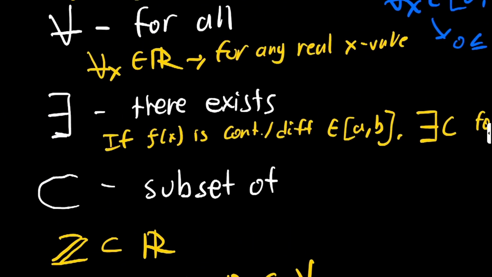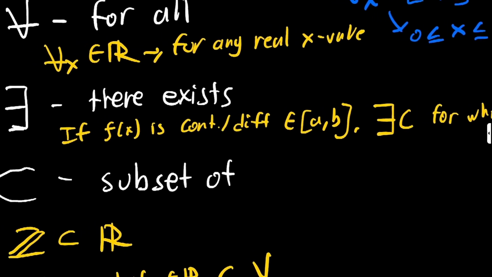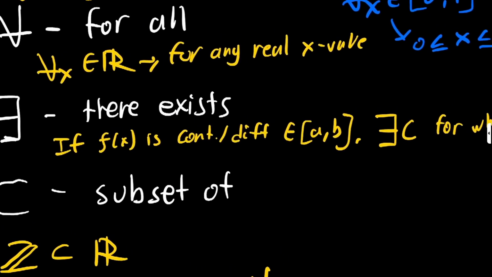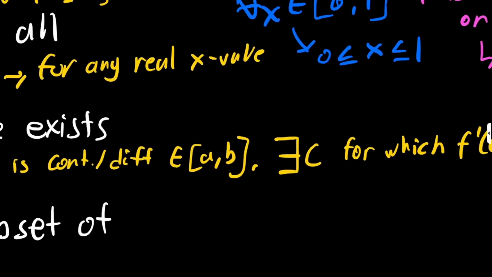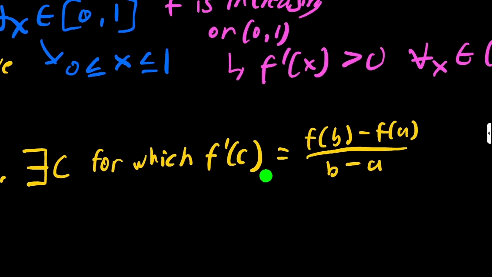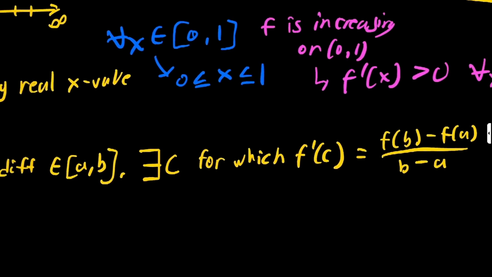For this symbol, there exists, it's a backwards e. A good example here is the mean value theorem from calculus, which says that if f is a continuous and differentiable function on the interval from a to b inclusive, then there exists a c for which the derivative at c is equal to the average rate of change of the function f on a to b.